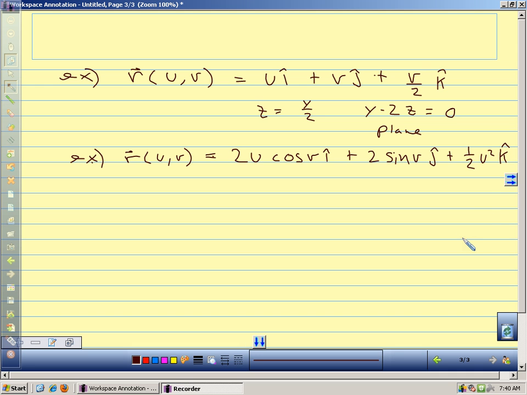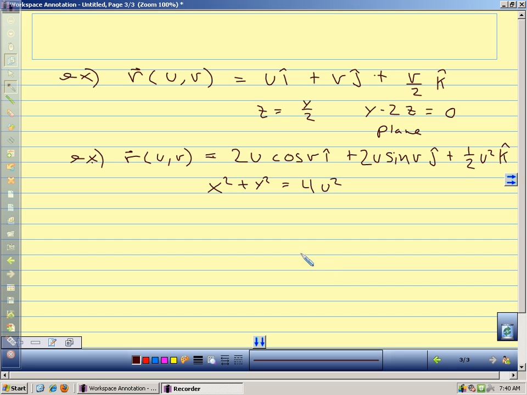So what do we want to do with this one? This should be 2u here, sorry, 2u. Square x and y. So we get x squared plus y squared equals 4u squared.